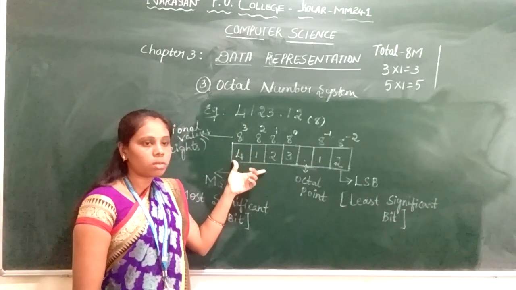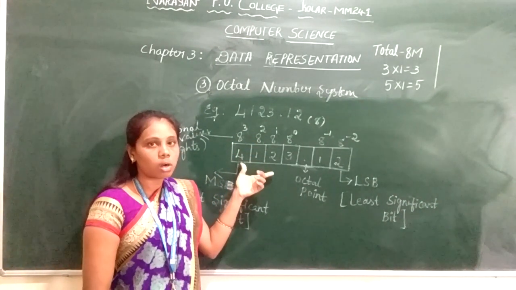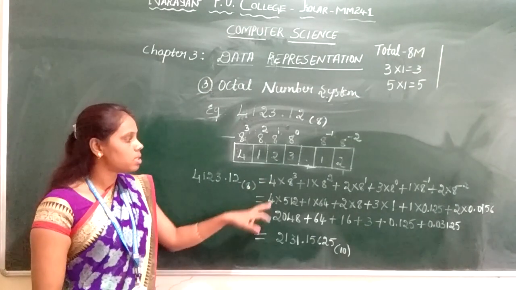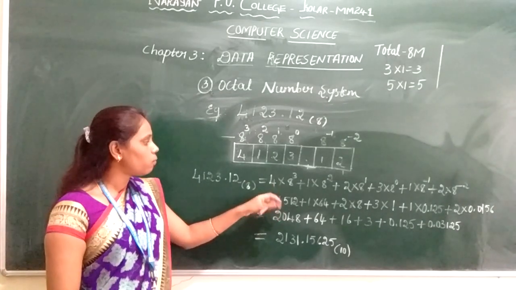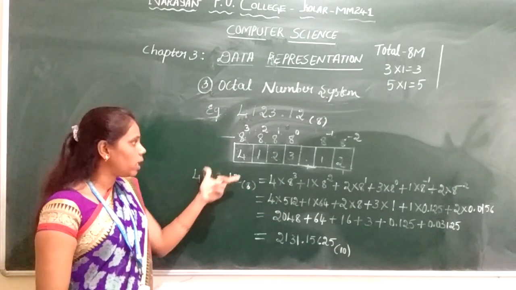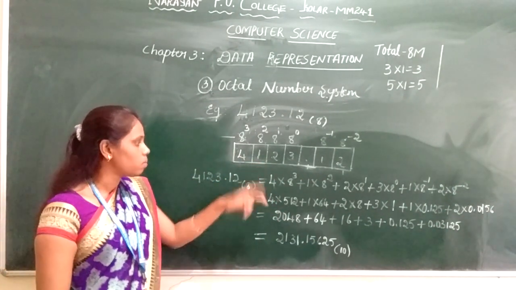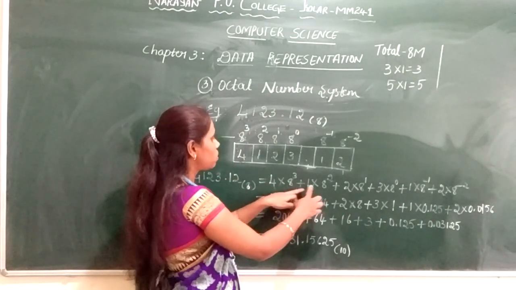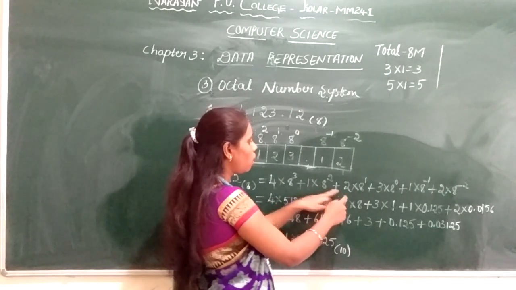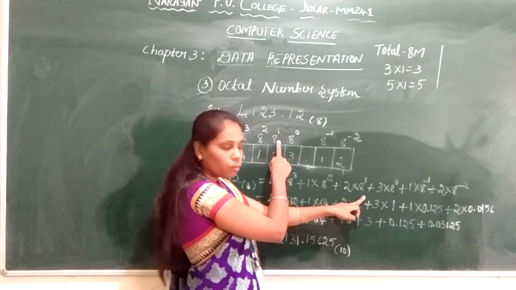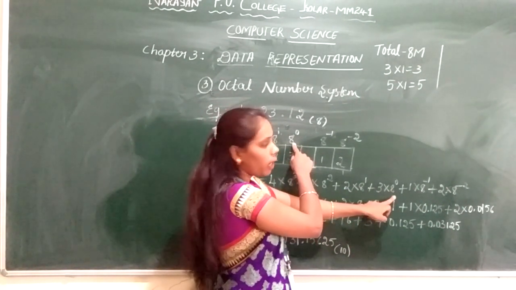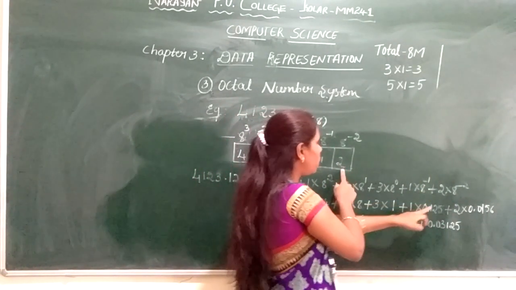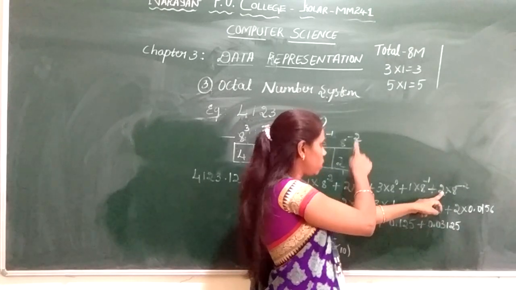Now we will see the decimal equivalent value for this octal number system. This is the mathematical representation for finding the decimal equivalent of the given octal number. So 4 into 8 power cube plus 1 into 8 power 2 plus 2 into 8 power 1 plus 3 into 8 power 0 plus 1 into 8 power minus 1 plus 2 into 8 power minus 2.